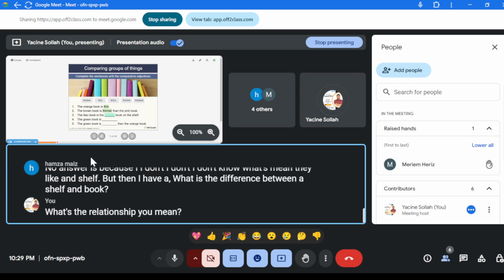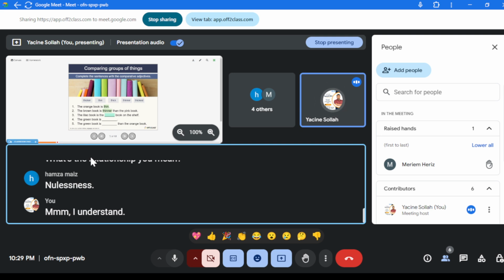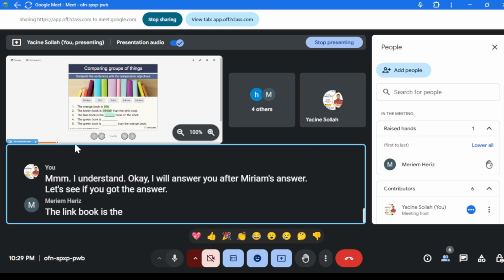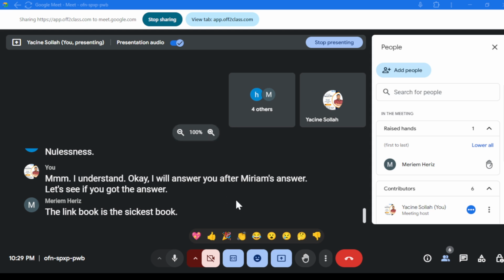The relation, yes. I understand. Okay, I will answer you after Mariam's answer. Let's see if she got the answer. The lilac book is the thickest book on the shelf. That's correct, yes, the thickest. There you go, thickest. What's the relationship? Look, we use superlative. We will explain it now.